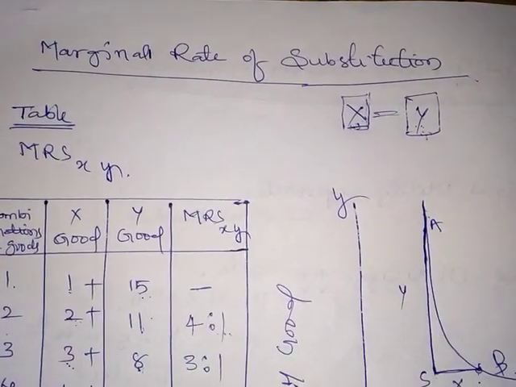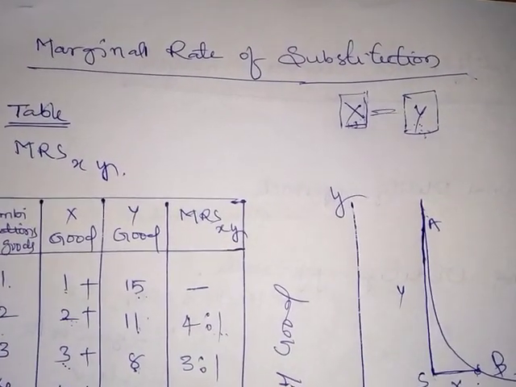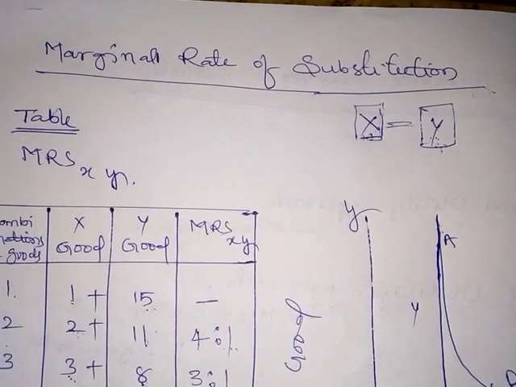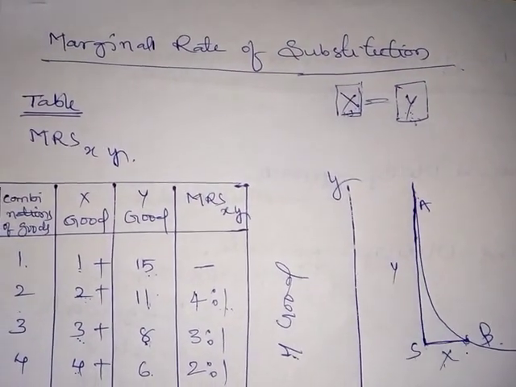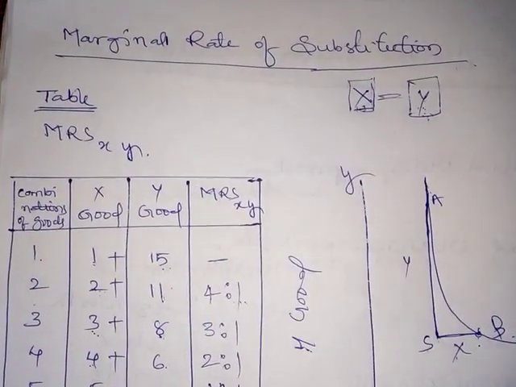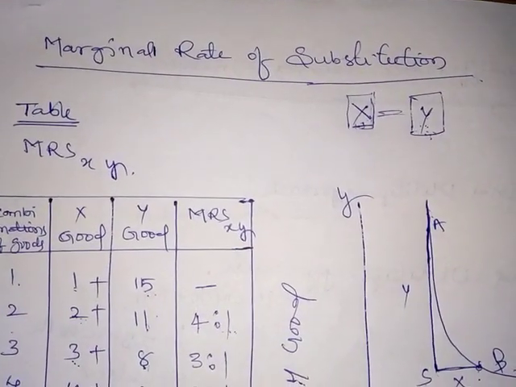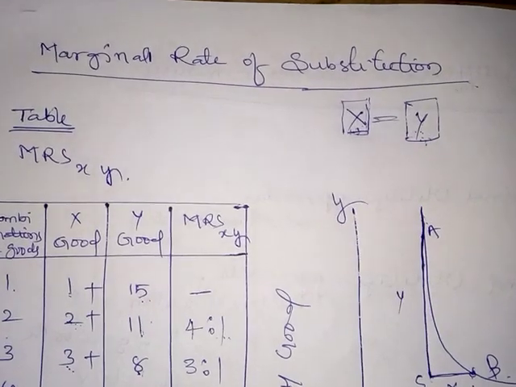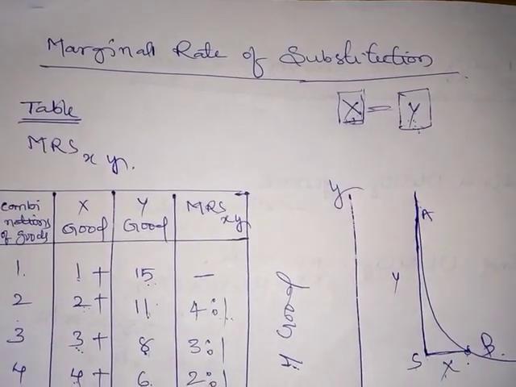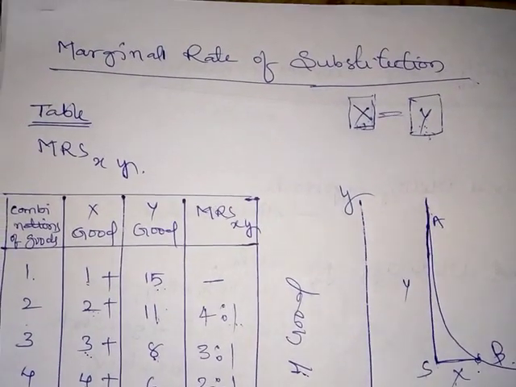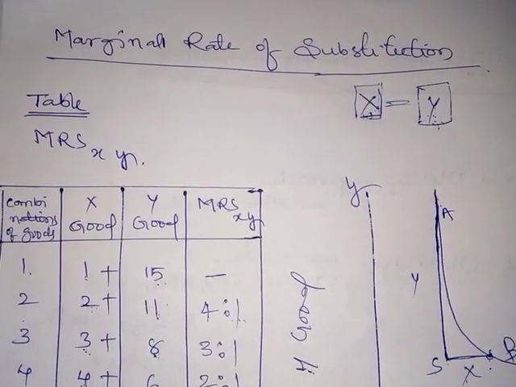So here, when the consumer chooses the combinations of the goods for the satisfaction of his single want, he feels that every combination of the goods gives him equal level of satisfaction, right? As every combination is giving equal level of satisfaction, the consumer will be indifferent. Based on this situation, a curve is drawn that is called indifference curve.